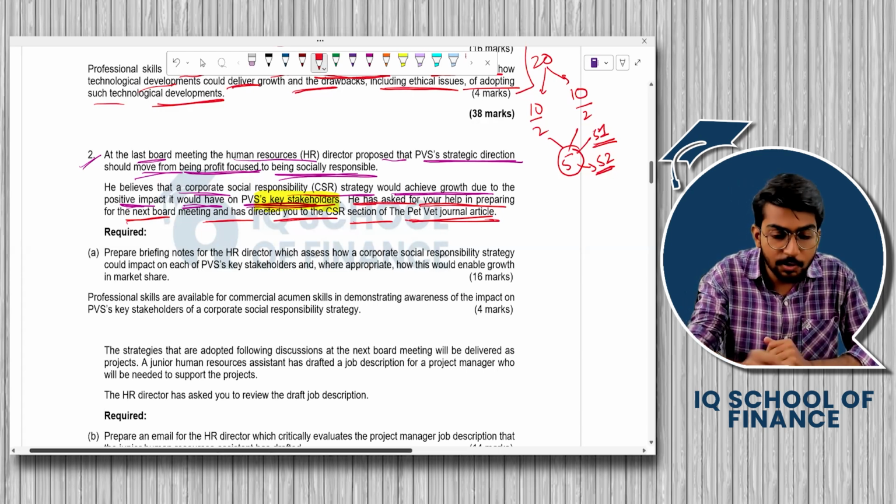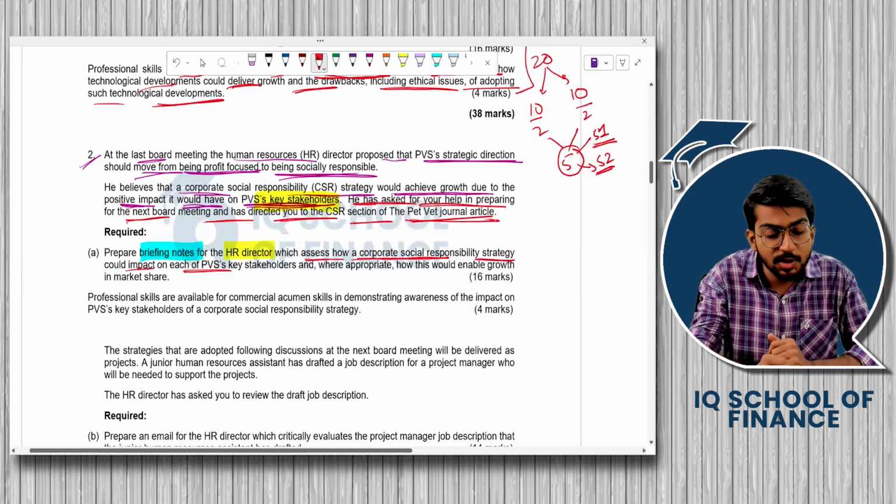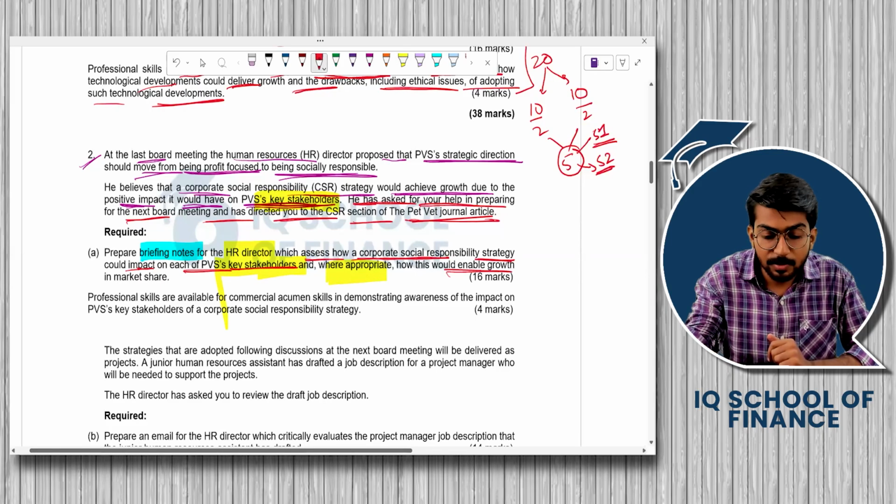Okay, he's asking you to prepare the briefing notes for who? For him, the HR director, which assesses how CSR strategy could impact each of the PVS key stakeholders. Where appropriate, how this would enable growth in market share.